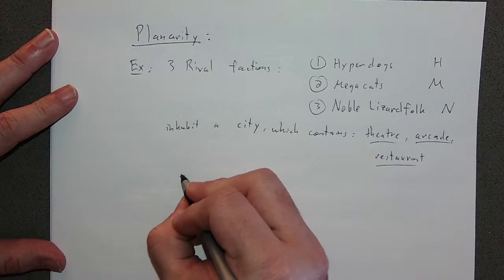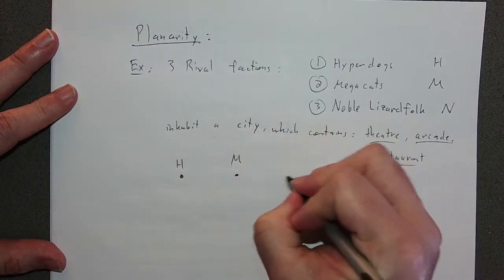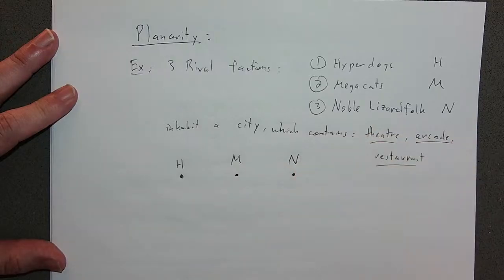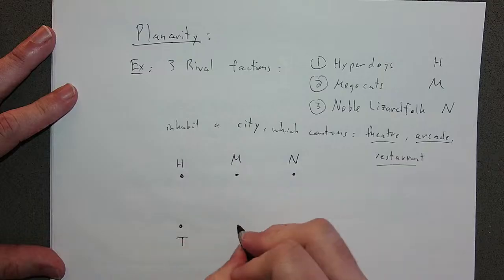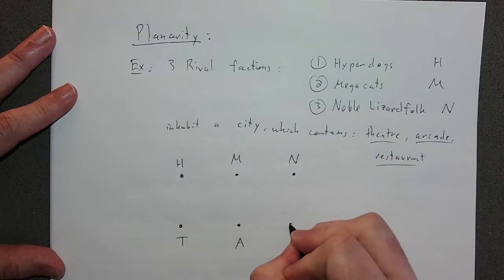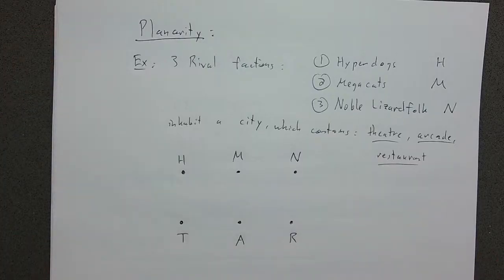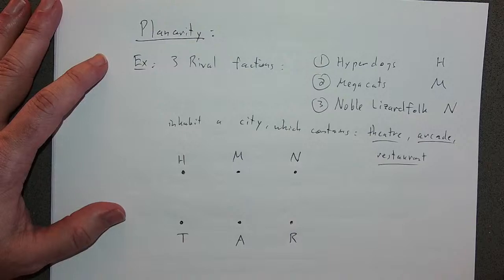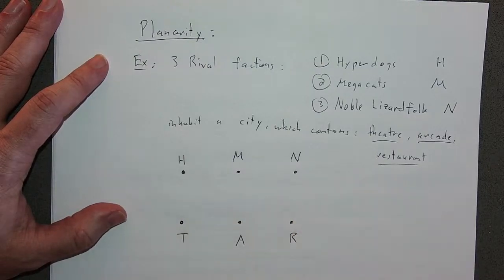So here's my hyperdogs, here's my megacats, and here's my noble lizard folk. And there are three things that they might want to do. They might want to go to the theater, they might want to go to the arcade, they might want to go to the restaurant, and that's it. These are the only possible activities that they could want to do outside of their own regions in the city. Now, all of them want to go to all of these at some point in time.